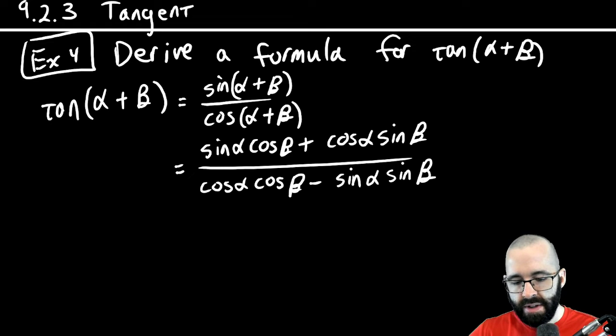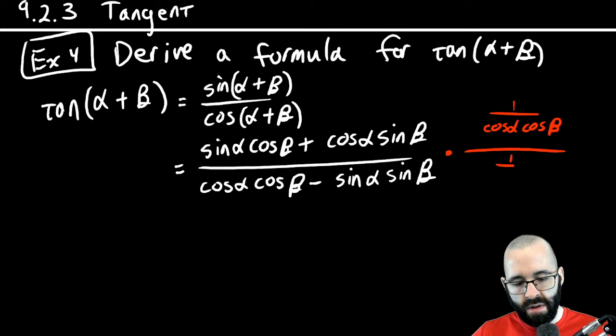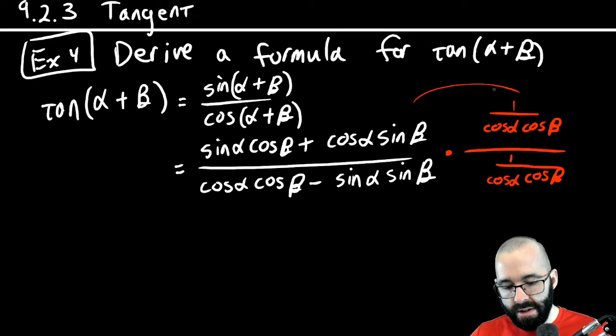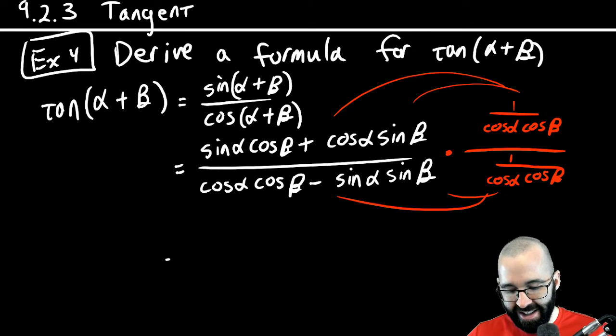All right. So let's divide the top and the bottom by cosine of the first angle, cosine of the second angle. 1 over cosine of the first angle, cosine of the second angle. We're dividing it on the top and the bottom. And what that's going to give us, because we are going to have to distribute, this is going to be one messy step, but don't worry.